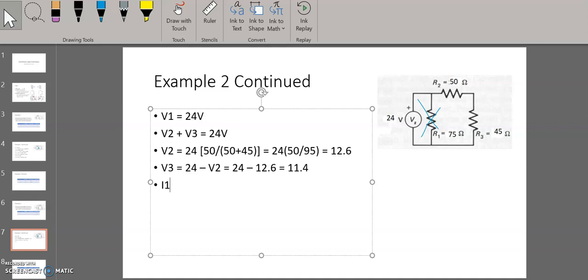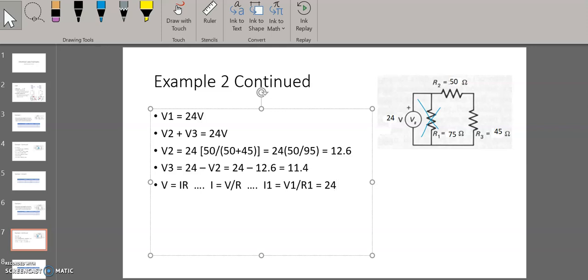Now, Ohm's law, if we look at that, it's V equals IR. But if I go ahead and solve for I, this is what I'm going to get, V over R. Okay, so for our case, we have I1 equals V1 over R1, and we put our numbers in.